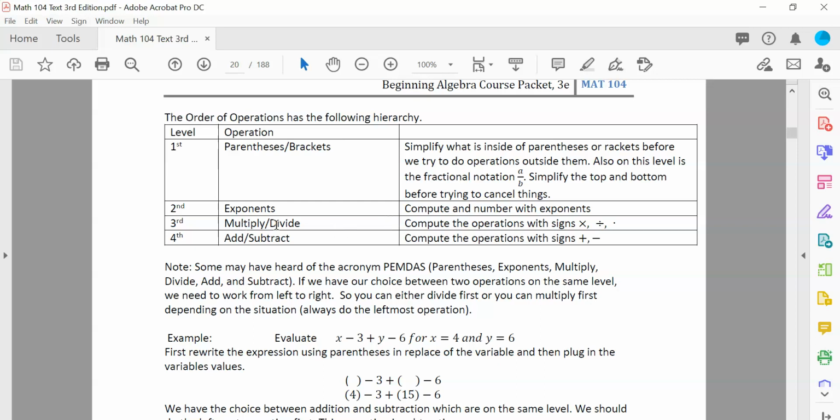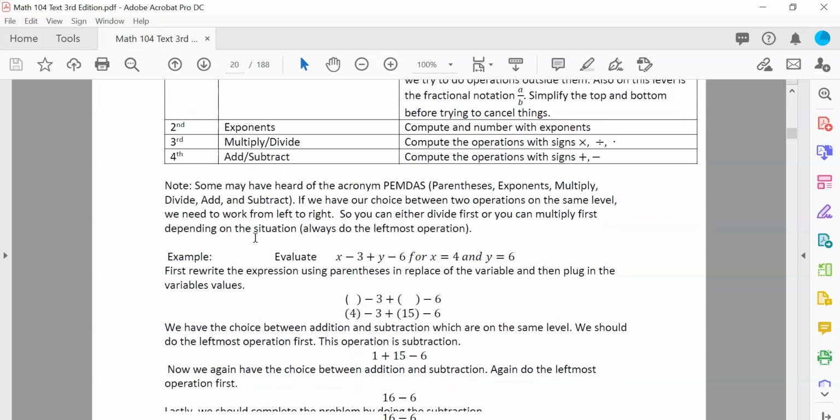Now, notice that multiply and divide and add and subtract are on 2 different levels, but multiply and divide are on the same level, and add and subtract are on the same level. So the question arises, what's going to happen when I have to choose between addition and subtraction?